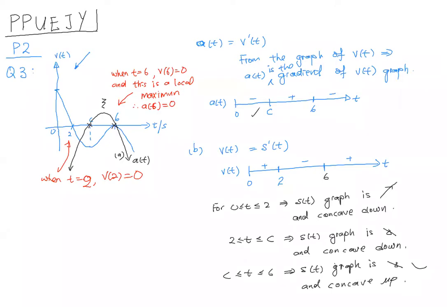Okay. So we go to the next one, for T greater than 6. ST is going up and concave down.